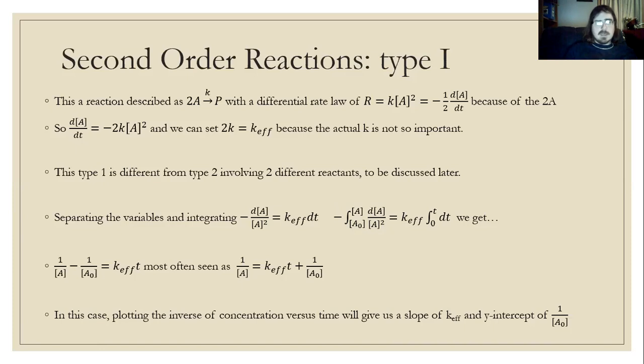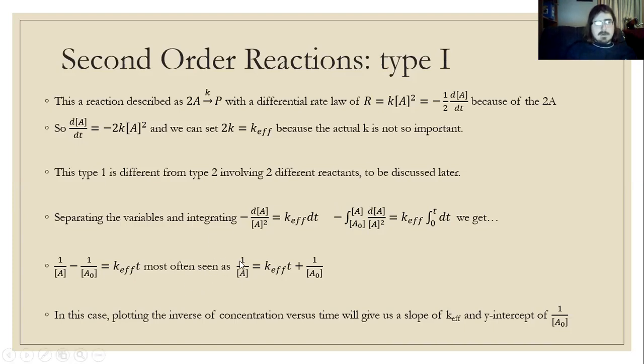But c is going to be canceled out because we have an integral range. So negative 1 over x, and that cancels out with that negative already there. So we have 1 over A minus 1 over A sub 0 equals K effective t.